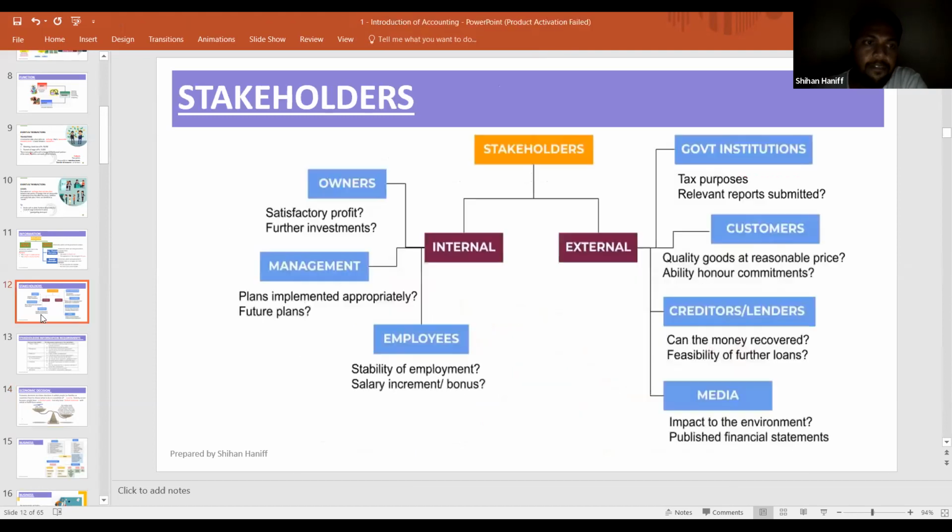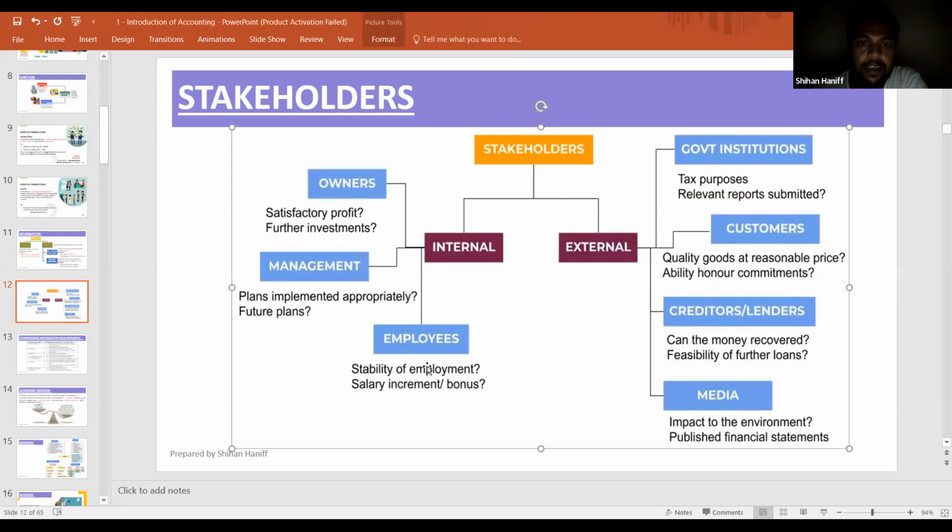Each and every stakeholder faces this problem. For example, let's say an employee. An employee has to make his economic decision based on the financial information. If the company is making a profit, profit is the financial information.